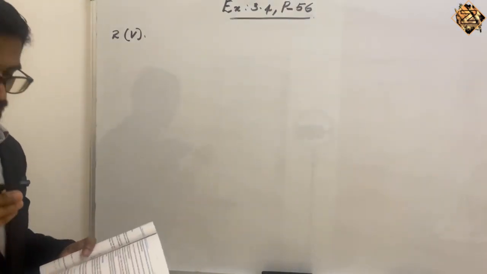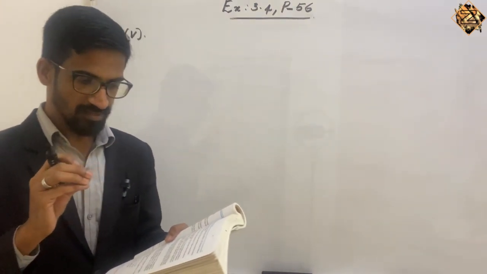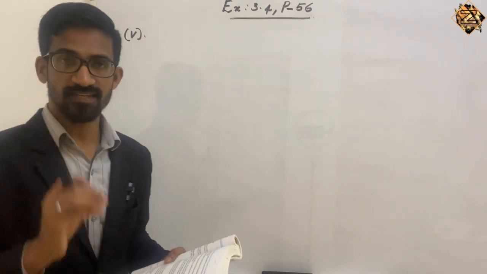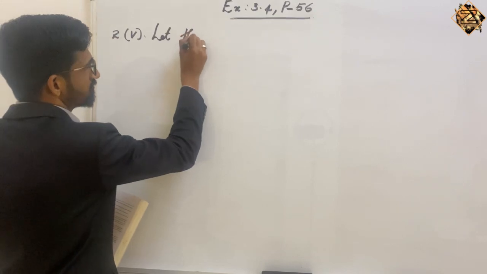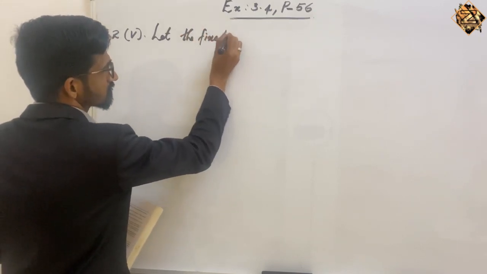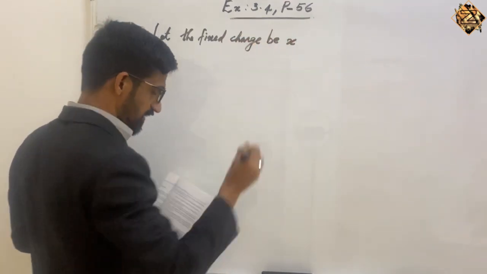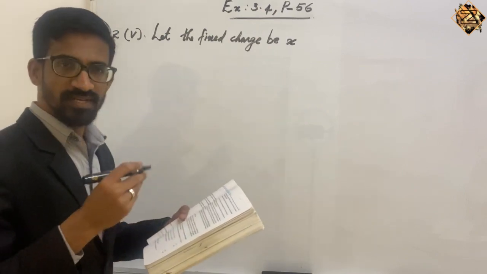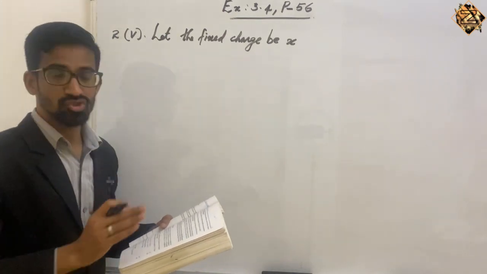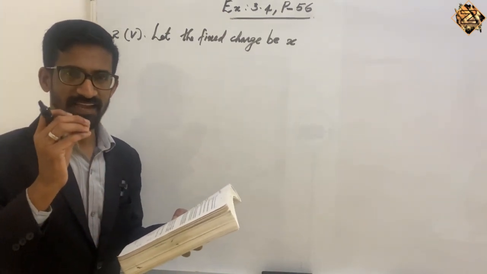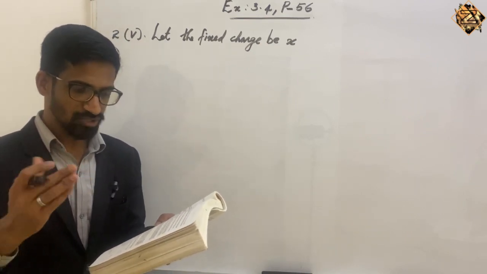First, let's assume that for the first 3 days there's a fixed charge, isn't it? A library has a fixed charge for the first 3 days. So let the fixed charge be x. Thereafter, for each additional day, it charges a particular amount for each day.